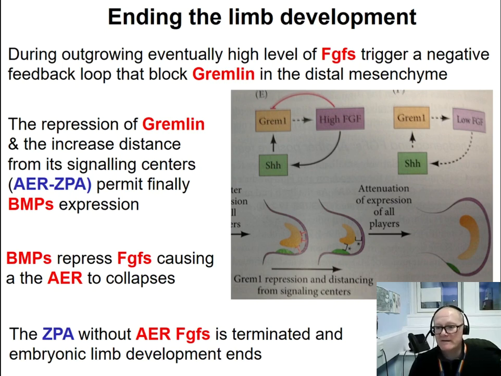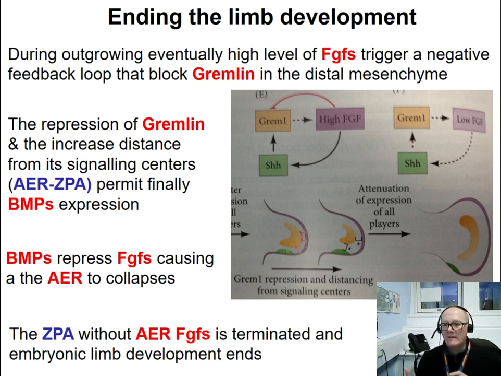Without zone of polarizing activity, there are no more sustained signals that allow the expression of FGF signals in the apical ectodermal ridge, and the apical ectodermal ridge at this point is terminated.